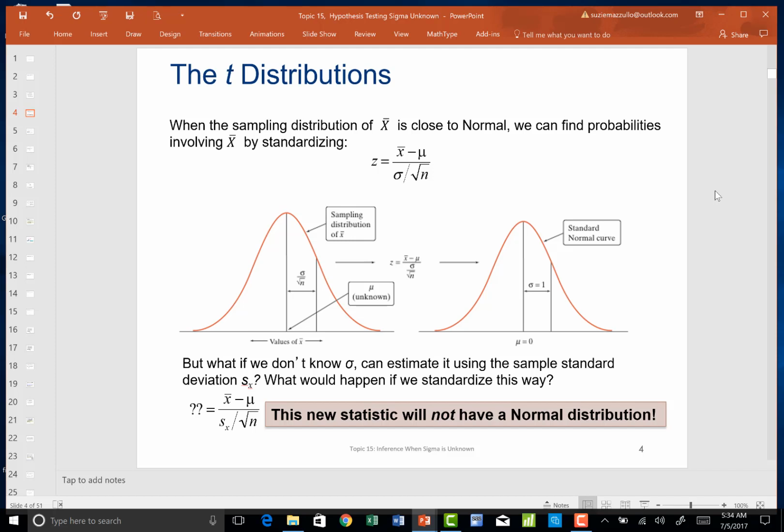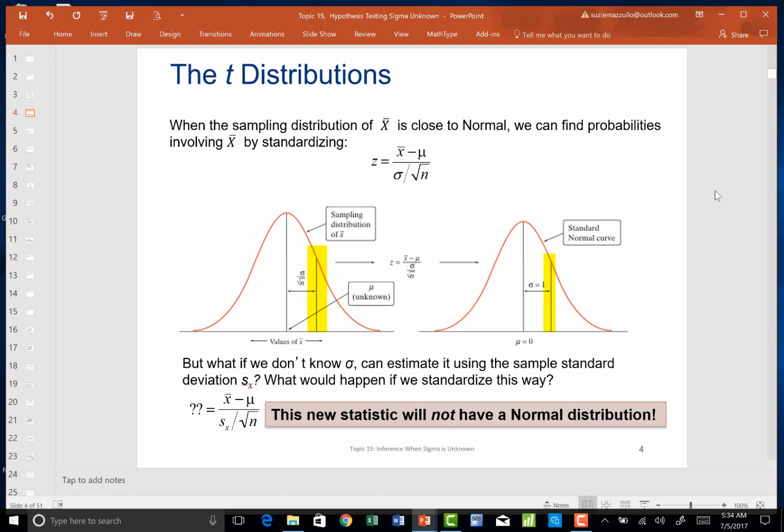But what happens now is, what if we don't know what sigma is, and we're estimating sigma with the sample standard deviation? We no longer have these clear lines and these clear probabilities, because now we're estimating sigma, the population standard deviation, with the sample standard deviation. So there's going to be a wiggle about that line.